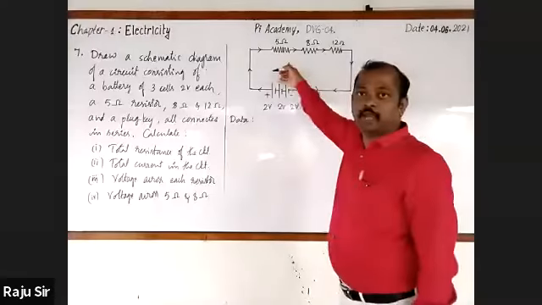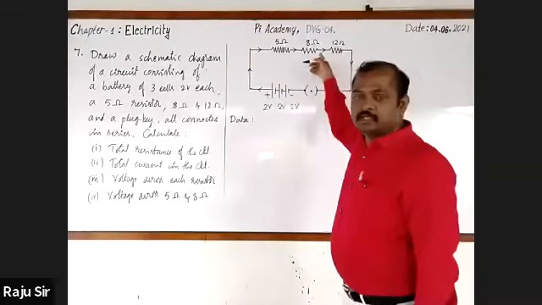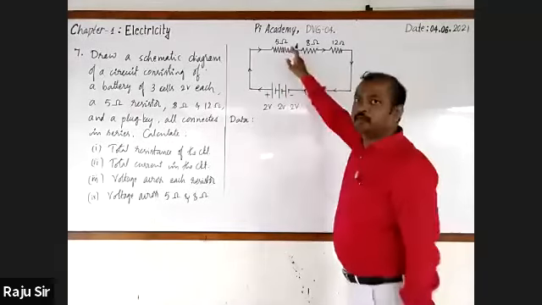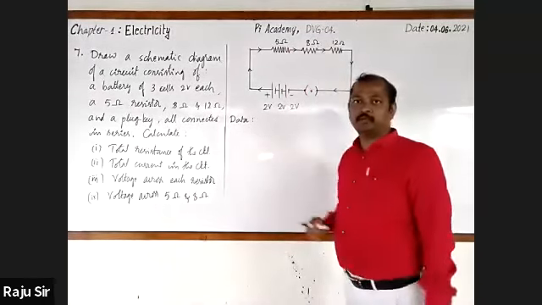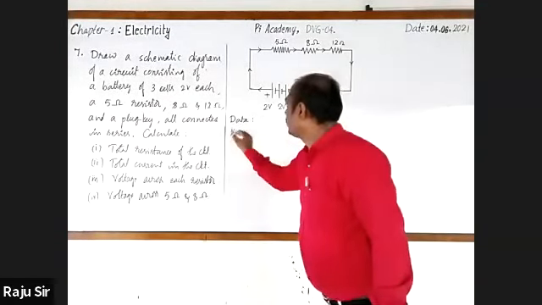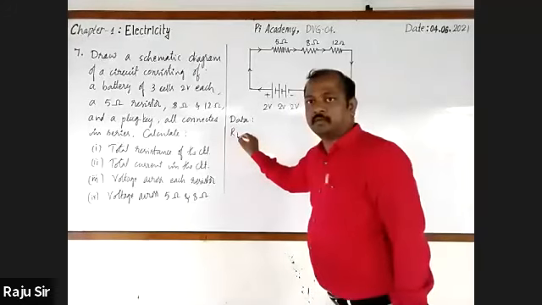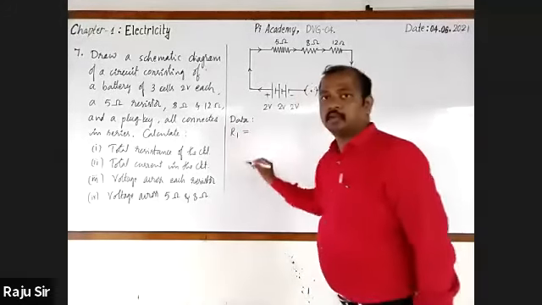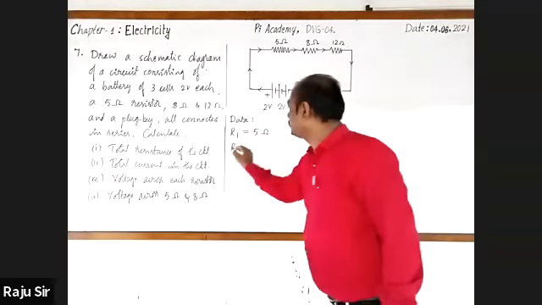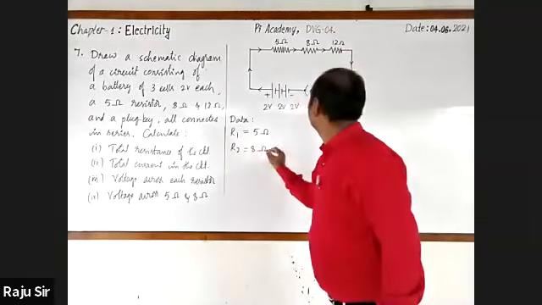First, we have 3 resistors. The 3 resistors are 5 ohm, 8 ohm, and 12 ohm. So let's go for writing. Call the 5 ohm resistor R1. R1 is equal to 5 ohm. Then R2 is 8 ohm.